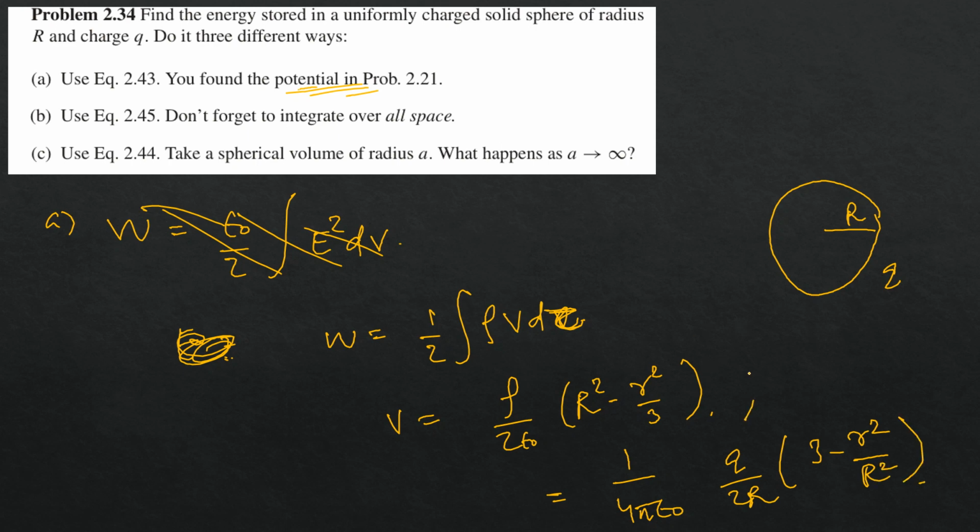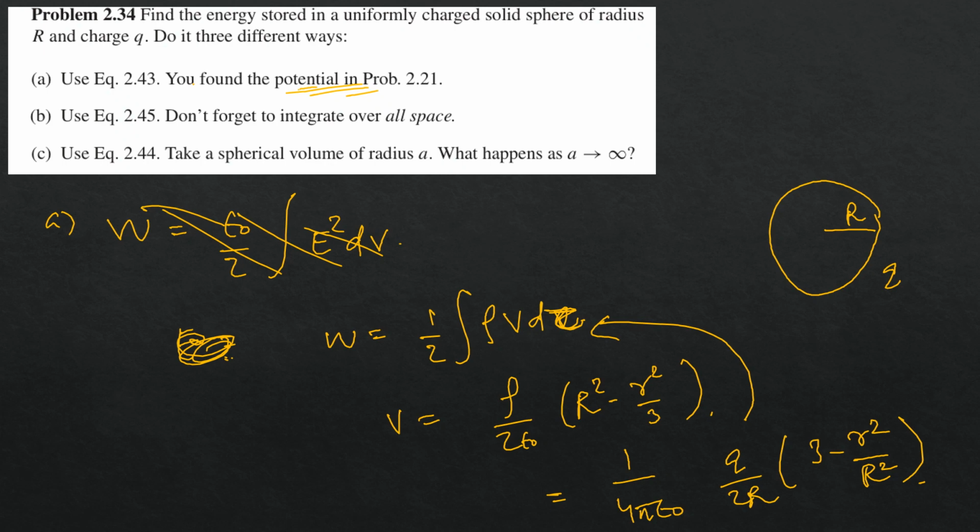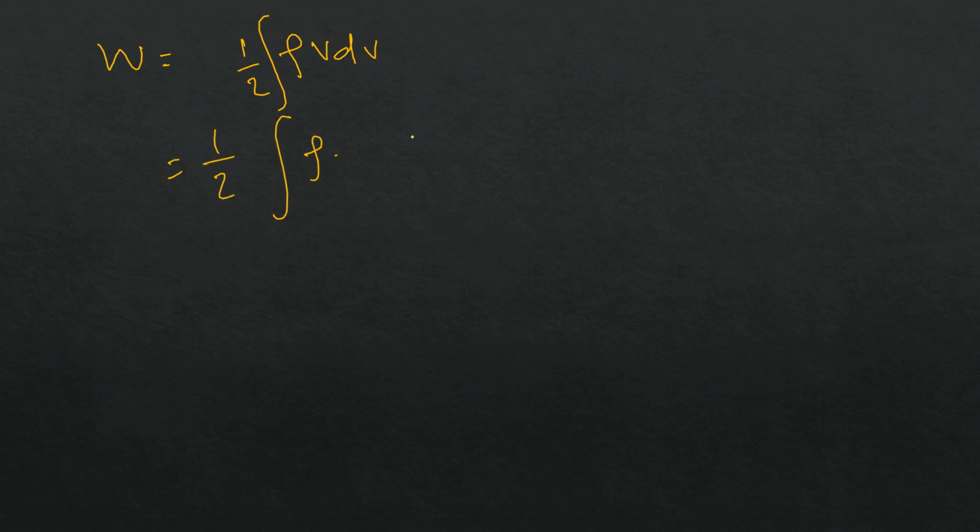So we have to use this one here in this V. So W is equal to half rho V dV. So half rho into potential is how much? 1 by 4 pi epsilon naught q by 2 r, 3 minus r square by r square.